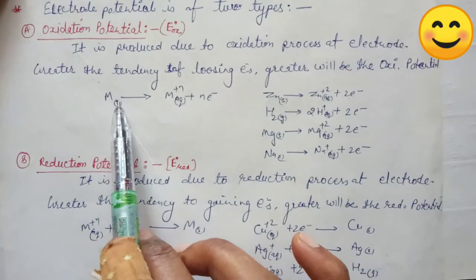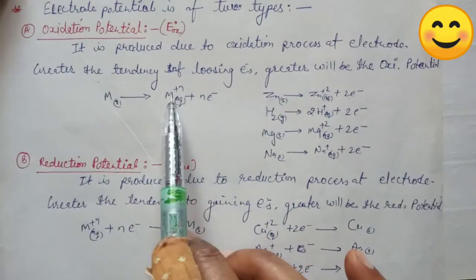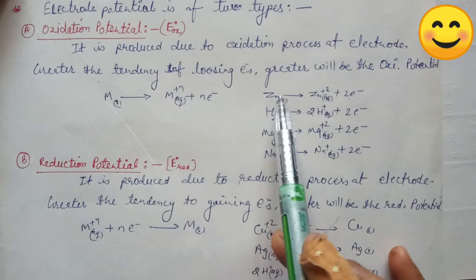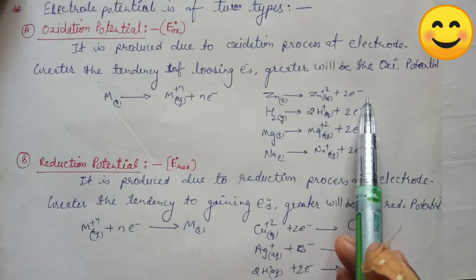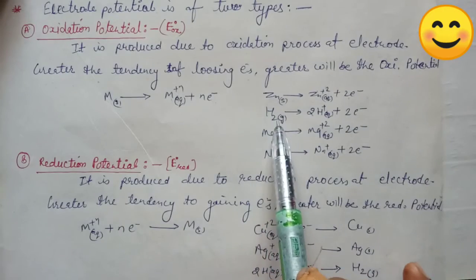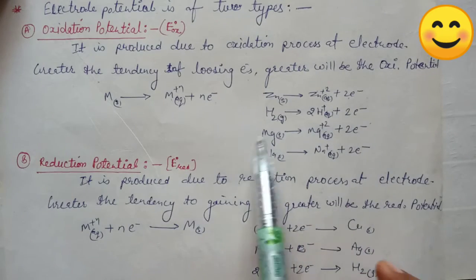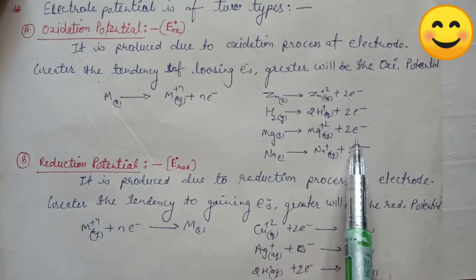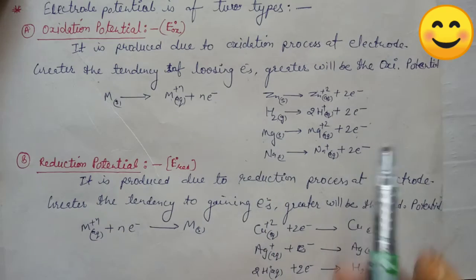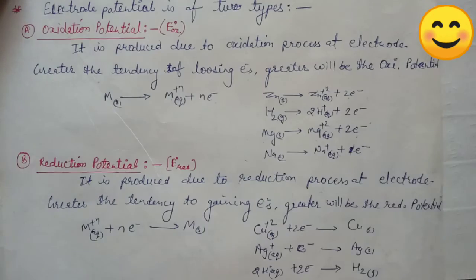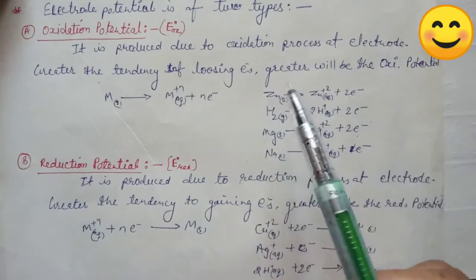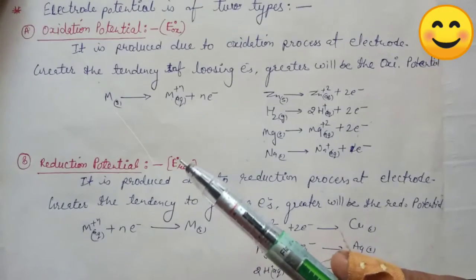In this process, M loses its electrons to make M^n+ ions. For example, Zn gives Zn2+ plus 2 electrons, H2 gas gives 2H+ plus 2 electrons, Mg gives Mg2+ plus 2 electrons, and Na gives Na+ plus 1 electron. This is the oxidation potential, and the opposite of this is the reduction potential.